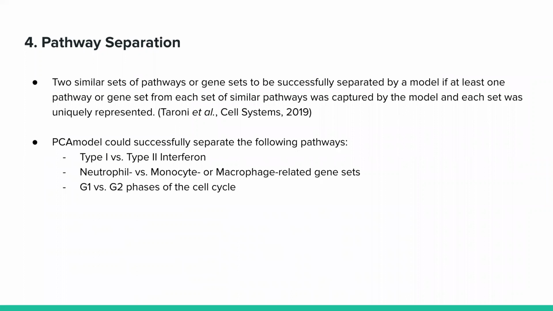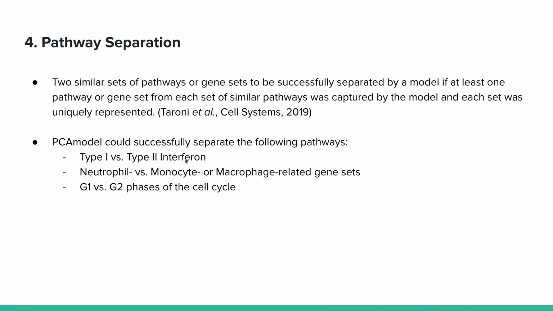Just a note about pathway separation. So we've done just some summary analysis of these to see what their coverage is. They cover about 30% of the MSigDB C2 pathways, and the separation. These were some examples again taken from the MultiPLIER study, I believe.